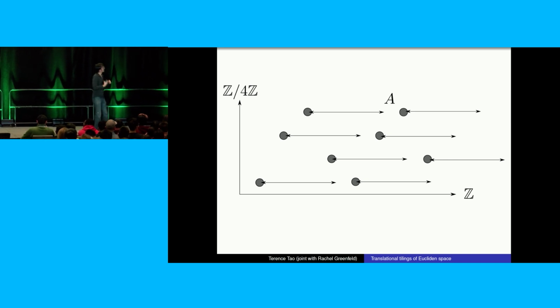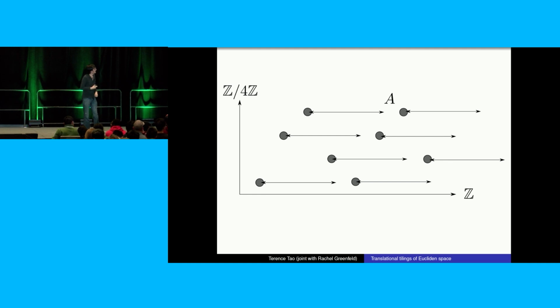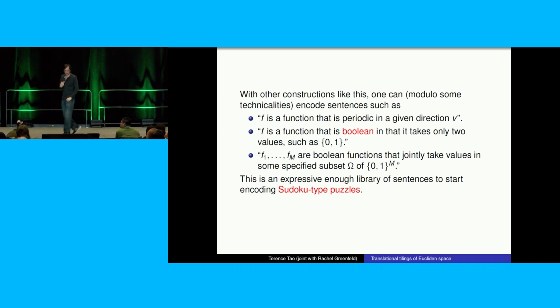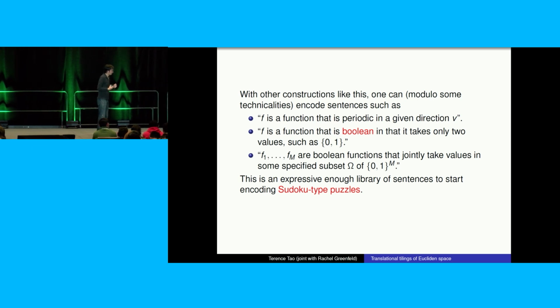So this tells you that the property of being a permutation up to some periodicity in a certain direction, you can express it as a tiling constraint by choosing a well-chosen tile. So you can keep doing this, and you can find more and more expressions that you can describe. So I said, you can encode the property of being a graph of a function, and because of that, you can now start talking about functions, and you can try to encode properties of functions as tiling equations.